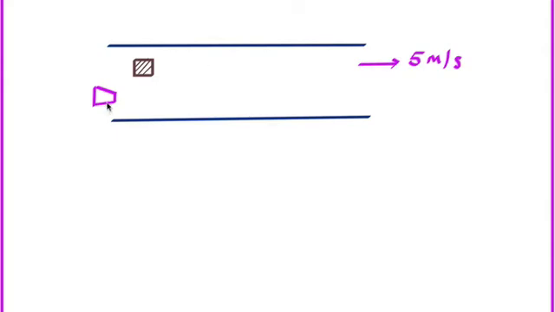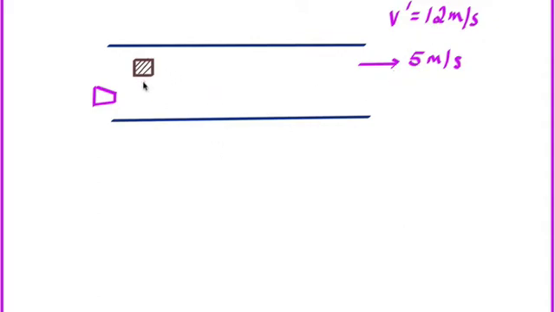We also have a boat here, and this boat is capable of going at 12 meters per second in still water. I'll call that velocity V prime. That's the velocity of the boat in still water. So if the boat is moving downriver, that is in the same direction as the flow of the river, you can understand that the boat is now moving at 17 meters per second.